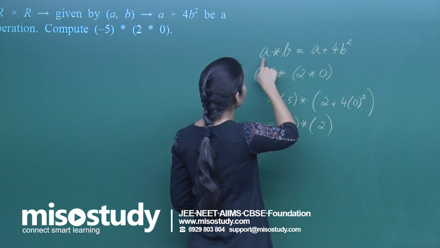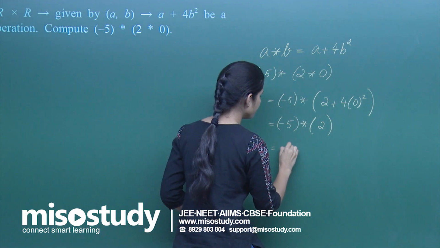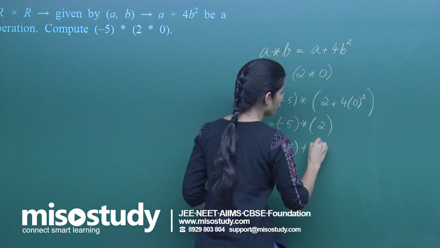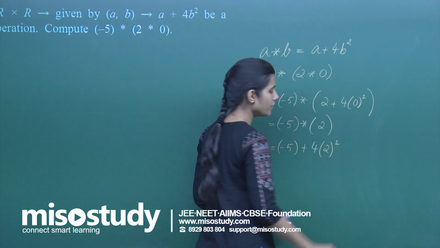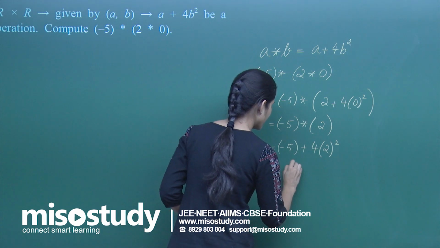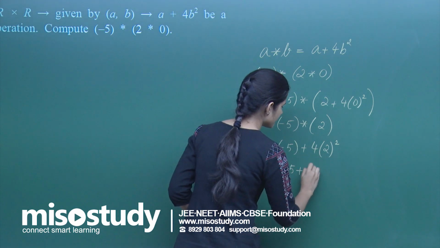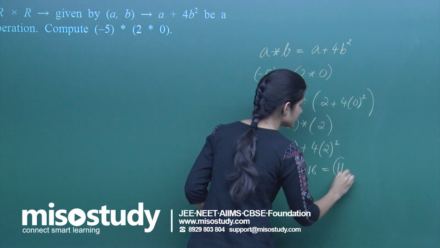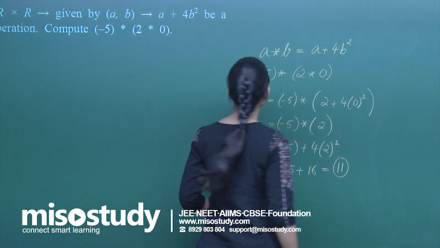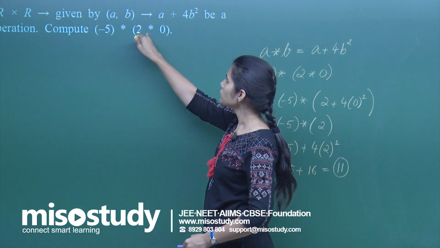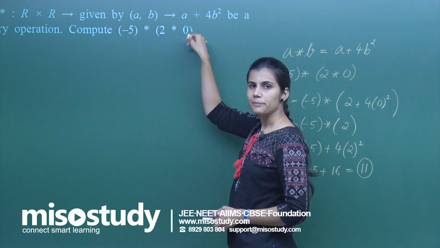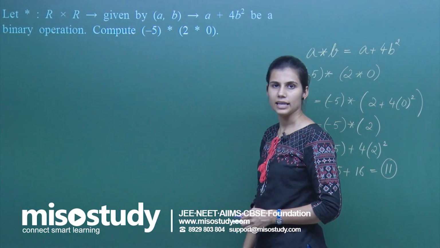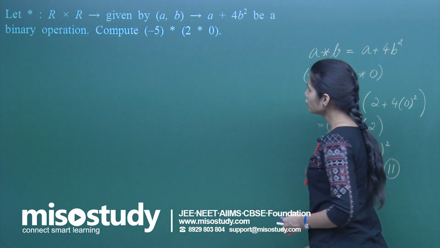Minus 5 star 2 is minus 5 plus 4 times 2 square. This gives you minus 5 plus 16, that is 11. So when you operate minus 5 star 2 star 0, the one single real number which pops up as the answer is 11. Next question.